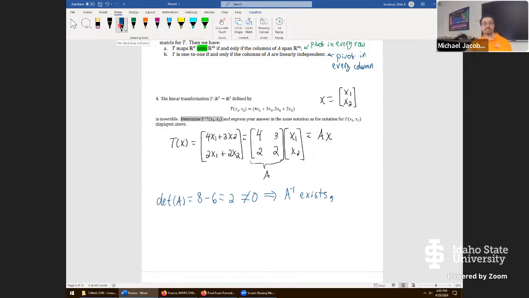But the bigger thing is, if the standard matrix A is invertible, that implies immediately the original transformation is also invertible. So T inverse exists as well, and in fact the formula goes like this: T inverse of x is just A inverse times x. But this is where the rest of the instructions kind of take over. This was the same as a homework problem we did, which feels like a lifetime ago, a few months ago, way back in the day. It was a little bit colder.